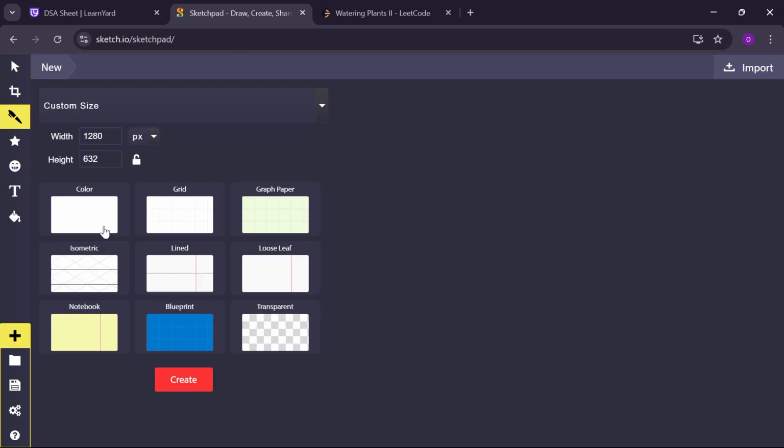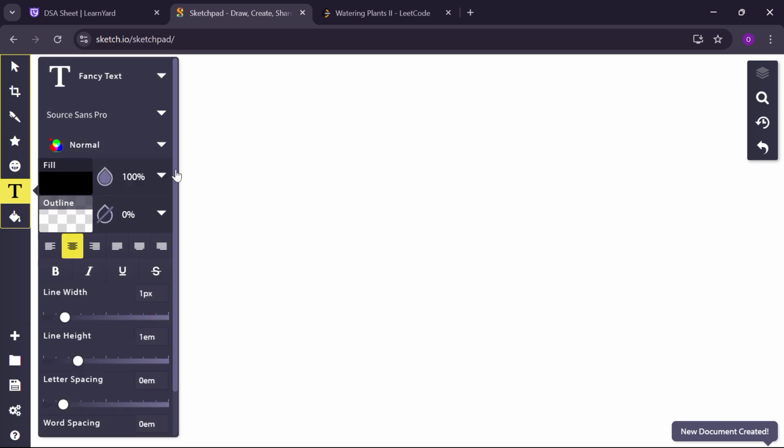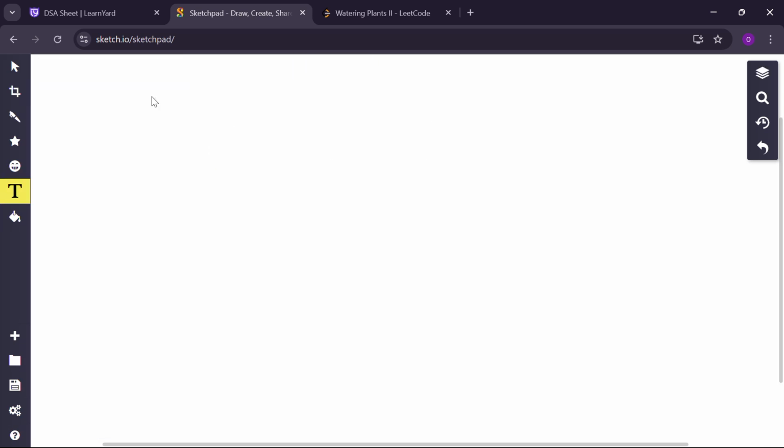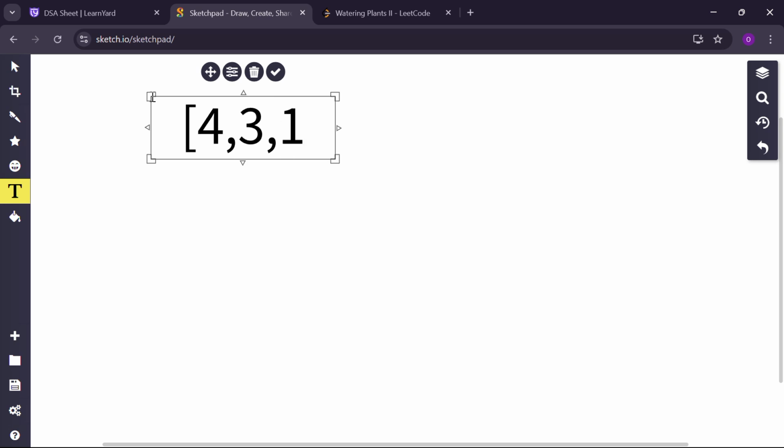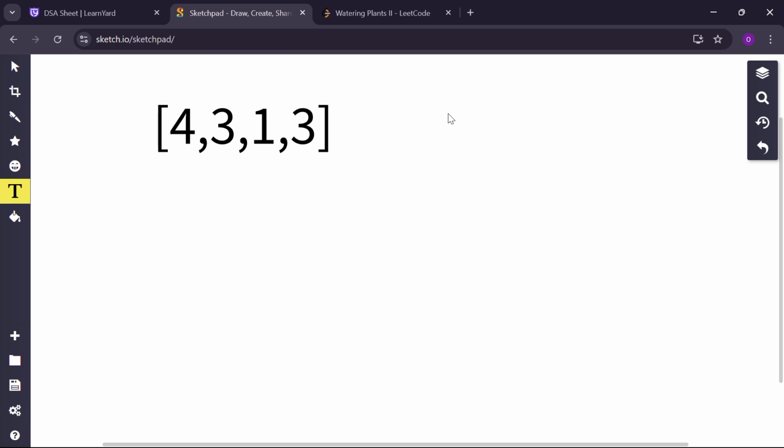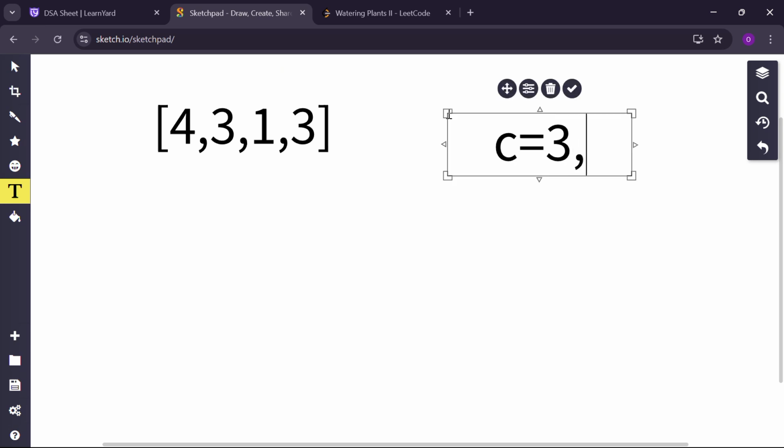Okay, let me show you. Let's say we have plants needing 4, 3, 1, 3, and we have a capacity of 3 and a capacity of 3 again.